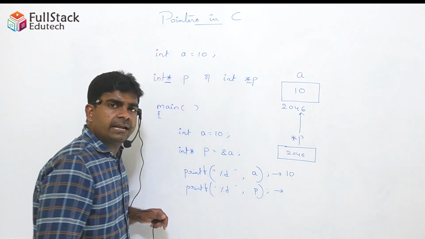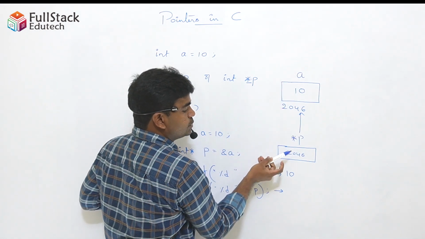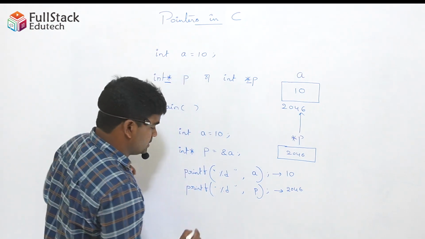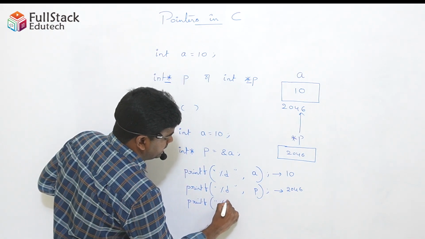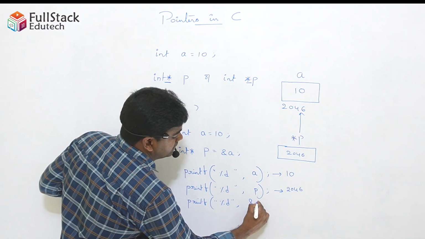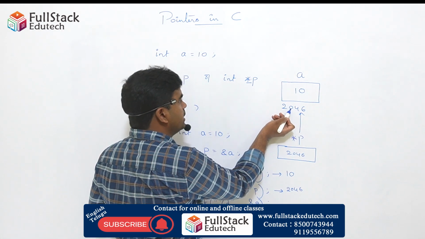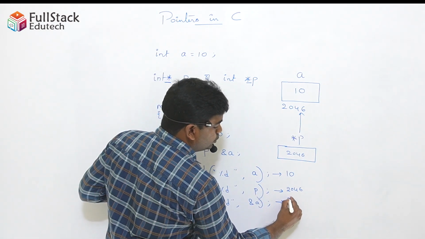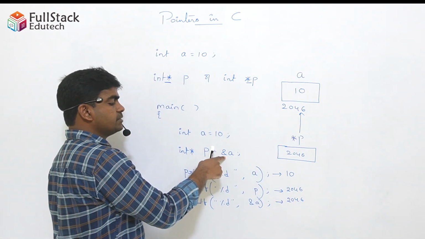Sir, what is the p value? See, a holds 10, p holds 2046. Next, printf, I'm displaying the address of a. Same, what is the address of a? That is p only. So the same value 2046 will print. Both are the same because p is equal to the address of a.